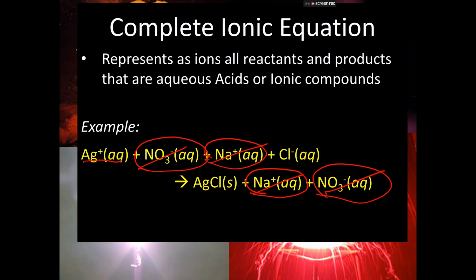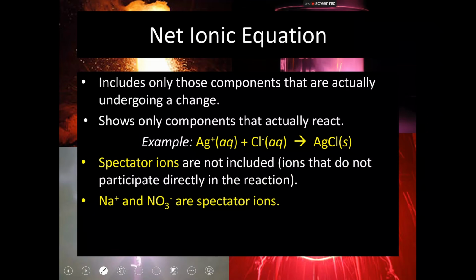Whereas the silver ion and the chloride ion do react to come together and form the silver chloride solid. So those do react, whereas the nitrate and the sodium don't. This is why the net ionic equation is that exact equation we had earlier, but without those ions that are identical on both sides.